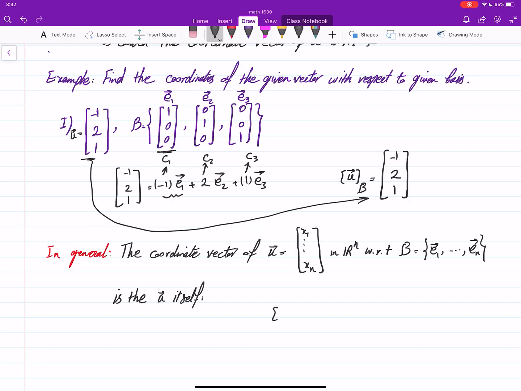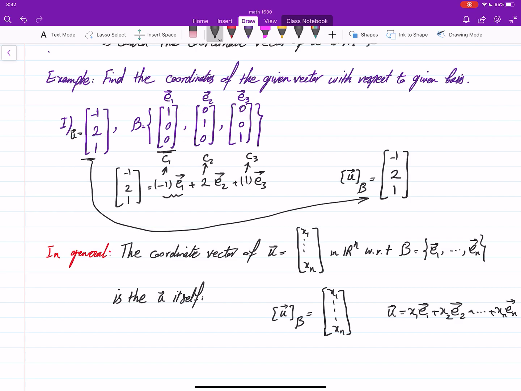Meaning that u in that basis, the coordinate vector is going to be exactly the same thing, x1 up to xn. And the reason for that is that u is equal to x1 e1, x2 e2, up to xn en.